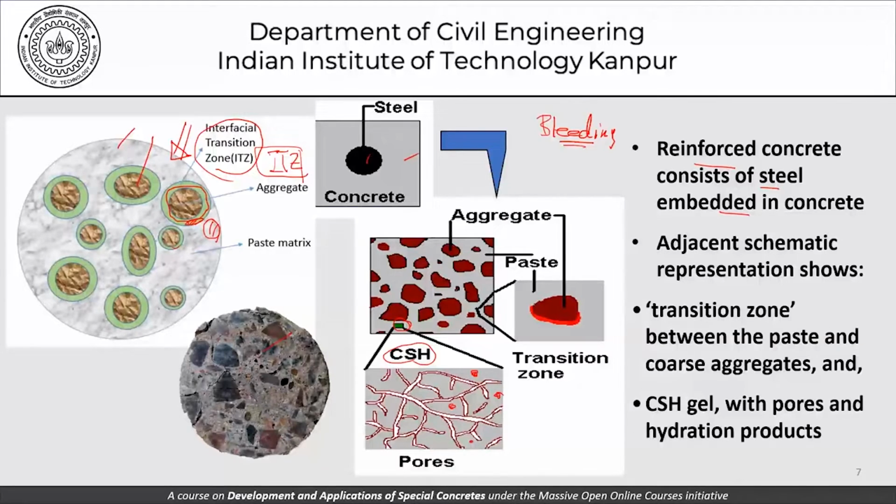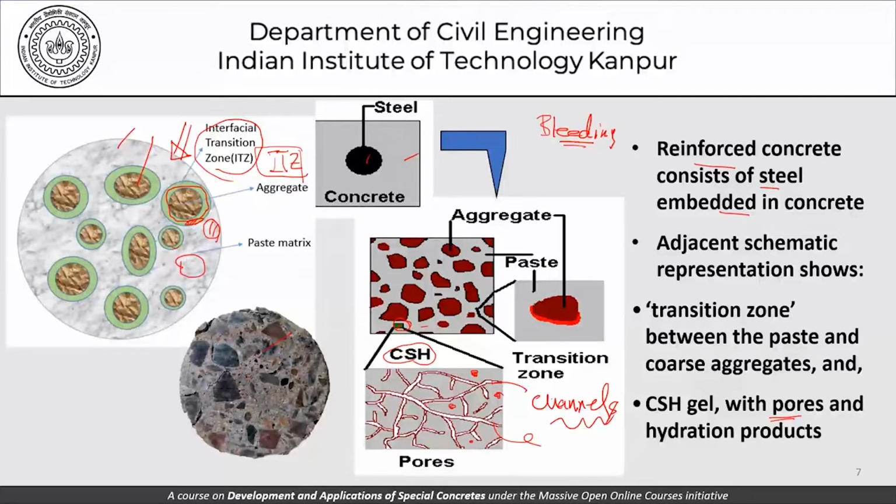Of course, there are no channels running inside concrete, but that's the schematic representation. These are the pores within the hydration products. So this mortar has a certain amount of porosity. We know about it. We can go back to our previous course and discuss that aspect. There is a certain amount of porosity which is represented by these kind of pores. So this is the porosity that we have here.